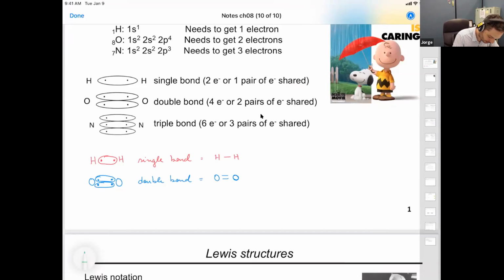Therefore, they will connect with each other, sharing 6 electrons or 3 pairs of electrons. Okay, 1, 2, and 3. And that's called triple bond.